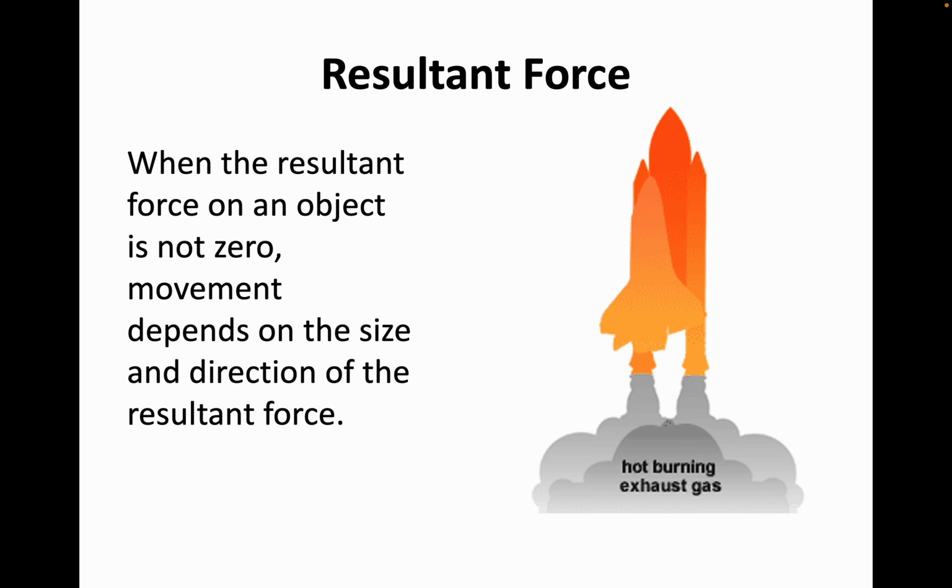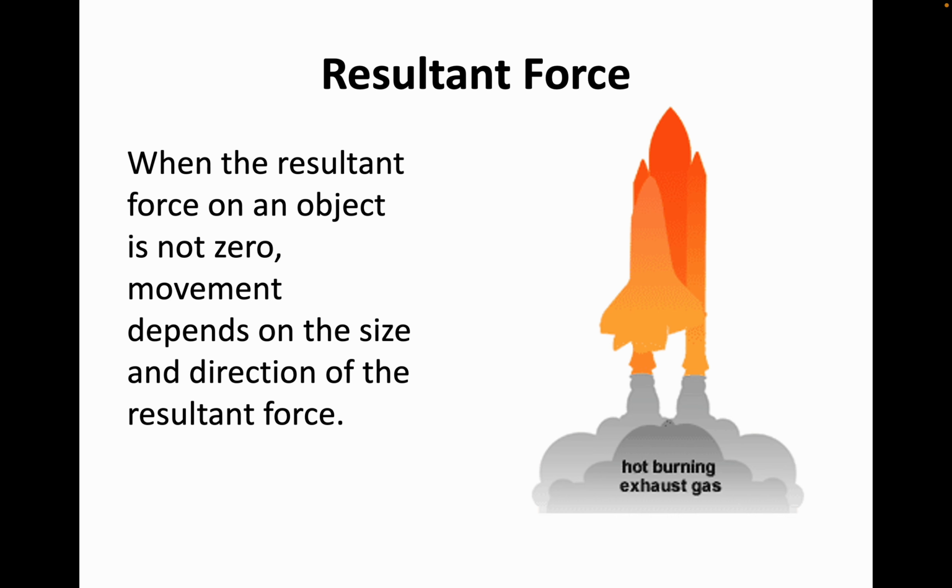So for an engine that is firing its rocket engines, with the exhaust gases coming out the back, if you look at the forces on the orange rocket, it produces a thrust forwards, or upwards in this case, and there will be some drag. But the resultant force on the rocket upwards will be greater than the drag force initially, and that's why it will accelerate upwards.